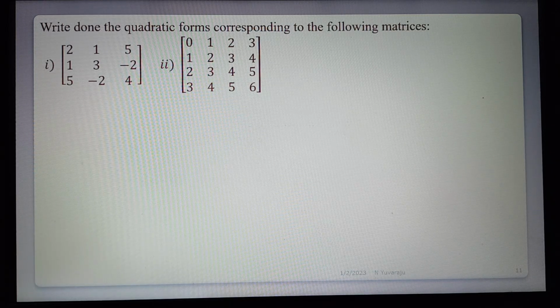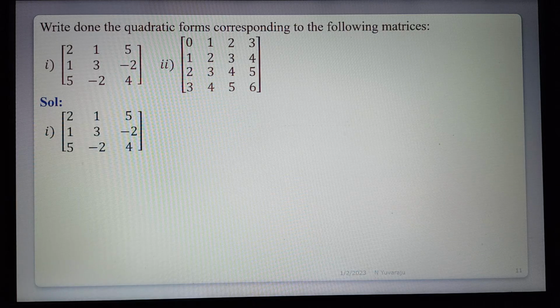Listen carefully here. Choosing the unknowns x, y, z: 2 is the x square coefficient, 3 is the y square coefficient, 4 is the z square coefficient, those are the diagonal elements. Then 1 plus 1 is the coefficient of xy, that is 2. 5 plus 5 is 10, the xz coefficient. -2 plus -2 means -4, which is the yz coefficient.